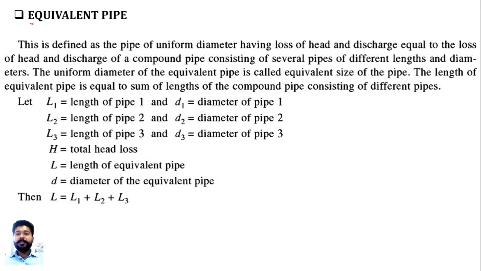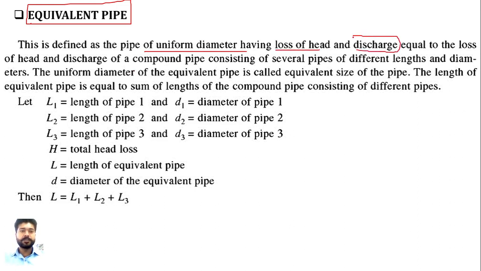Let's see one more concept, that is the concept of equivalent pipe. An equivalent pipe is defined as a pipe of uniform diameter having the same loss of head and discharge.